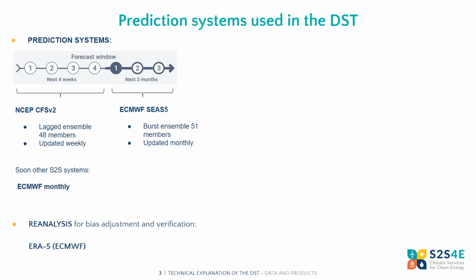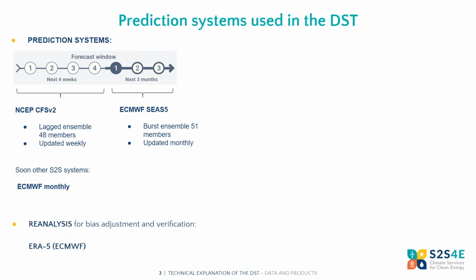In terms of systems that are being used within the DST, we have two different systems. For the subseasonal range, we have the National Center for Environmental Prediction CFS version 2. And for seasonal forecast, we are using ECMWF, the European Center for Medium Range Weather Forecast, Seasonal System 5, which is the latest seasonal system.